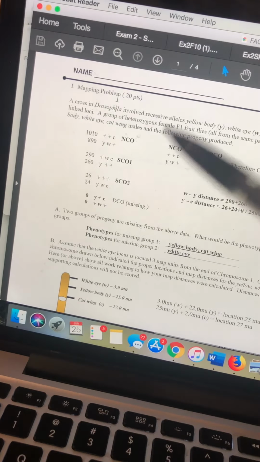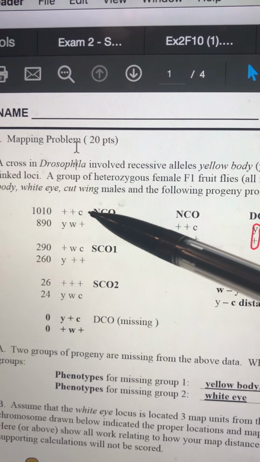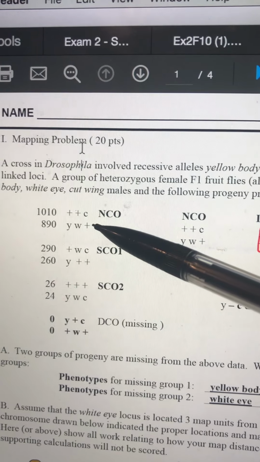Then we have our YC. Which of these have a crossover between Y and C? We're starting with this. This is a no crossover.